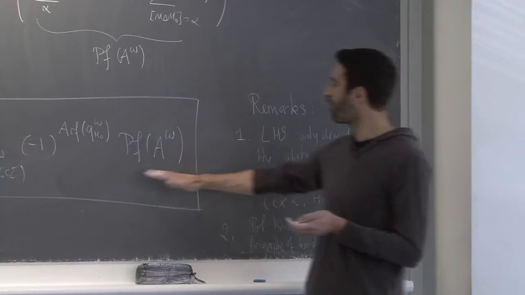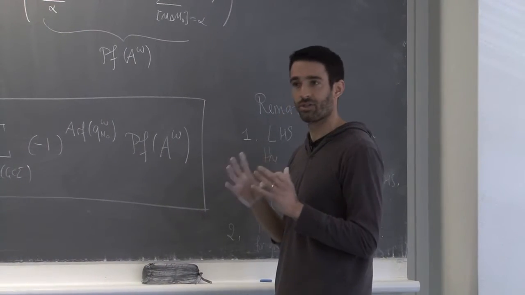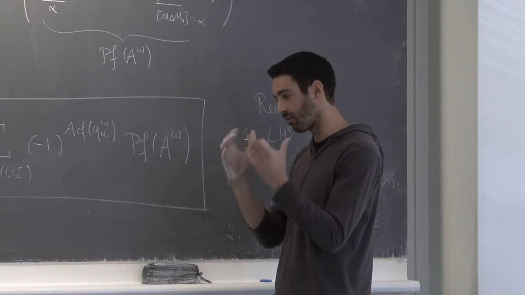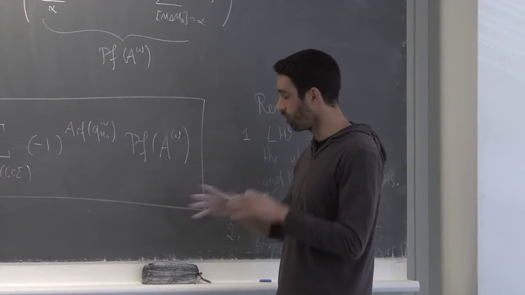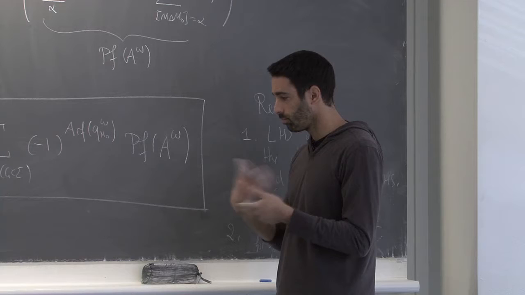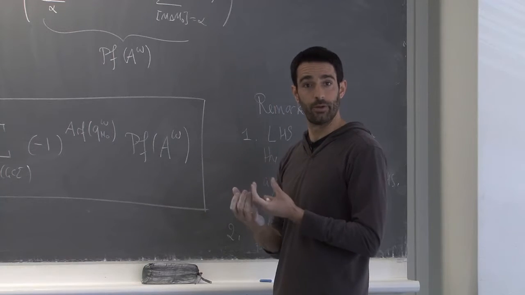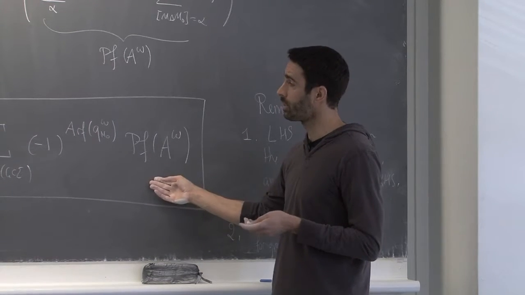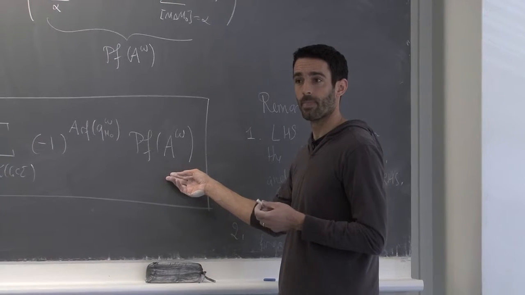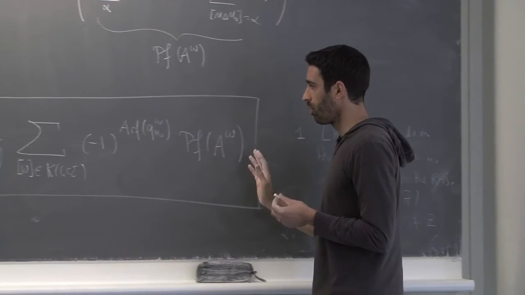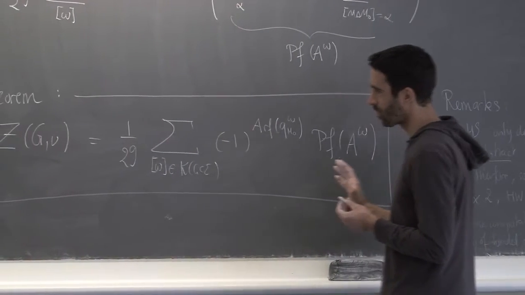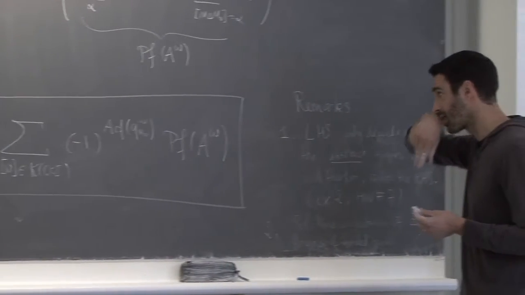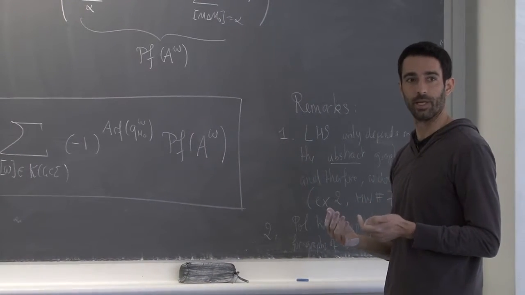But if you fix a surface, for example the torus, and then you consider graphs that are finer and finer on the torus, then of course this formula is very useful. And one of the points of the next chapter is that on the torus, indeed, you can do some really nice things.